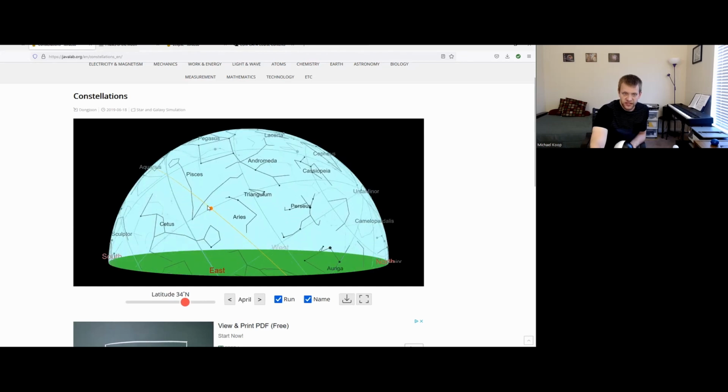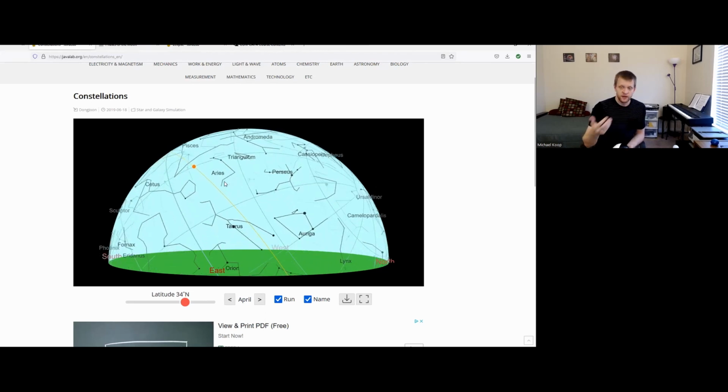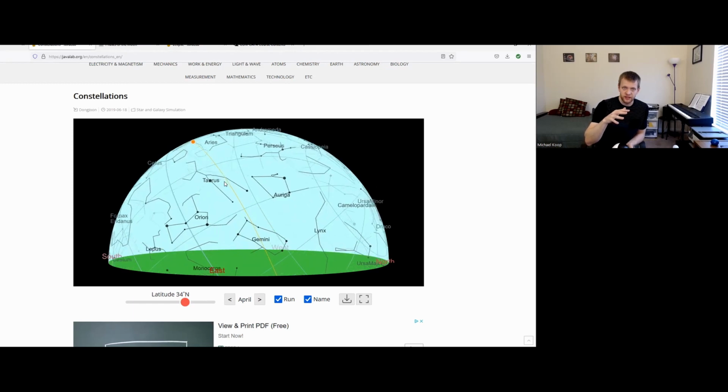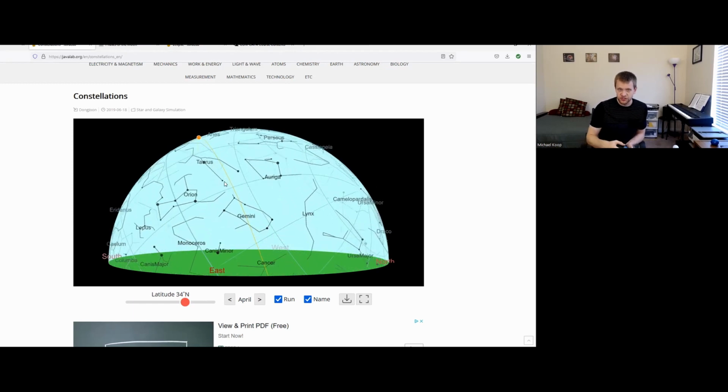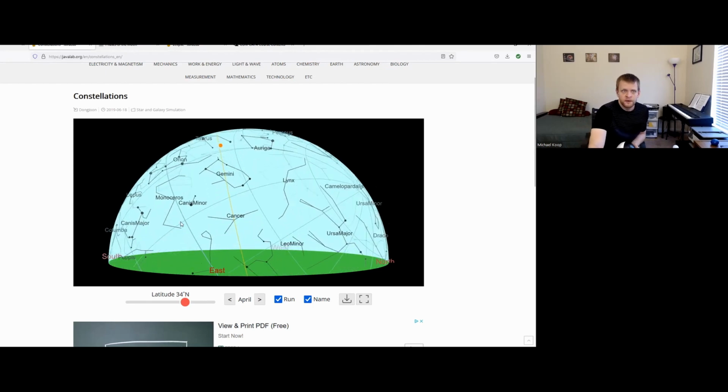So in April, you can say the sun's going to be taking this particular path across the sky, and we can interpolate between what's happening during the equinoxes and the different solstices to figure out what would be happening in those intervening periods.